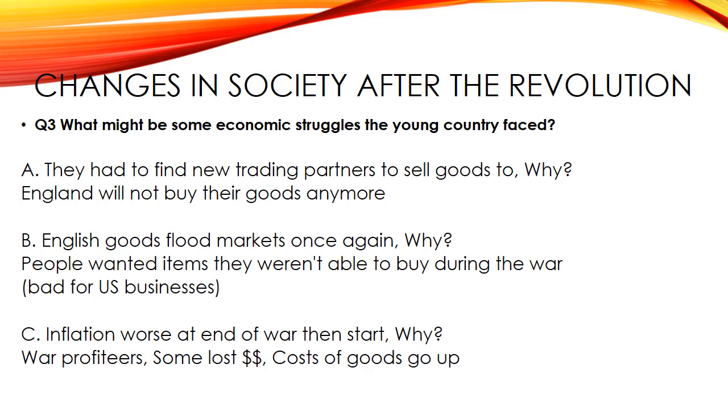One, they had to find new trading partners to sell goods to because England was not going to buy their goods. This was their mother country. Now we basically slapped the mother in the face and we think that they're going to buy our goods anymore? I don't think so. And not every other country was really fond of American goods. And so we had to find new trading partners.